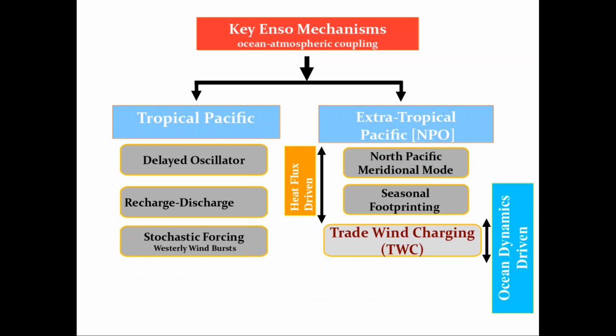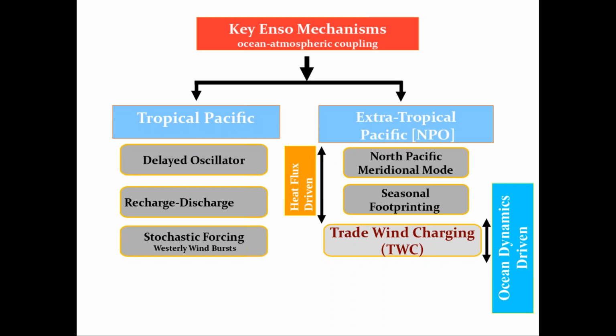Now there are many mechanisms which try to explain ENSO. The most common are the tropical Pacific sea-coupled processes like delayed oscillator, recharge discharge, and westerly wind burst. But I will not talk about this. My focus is the extratropical Pacific impact on ENSO generation.